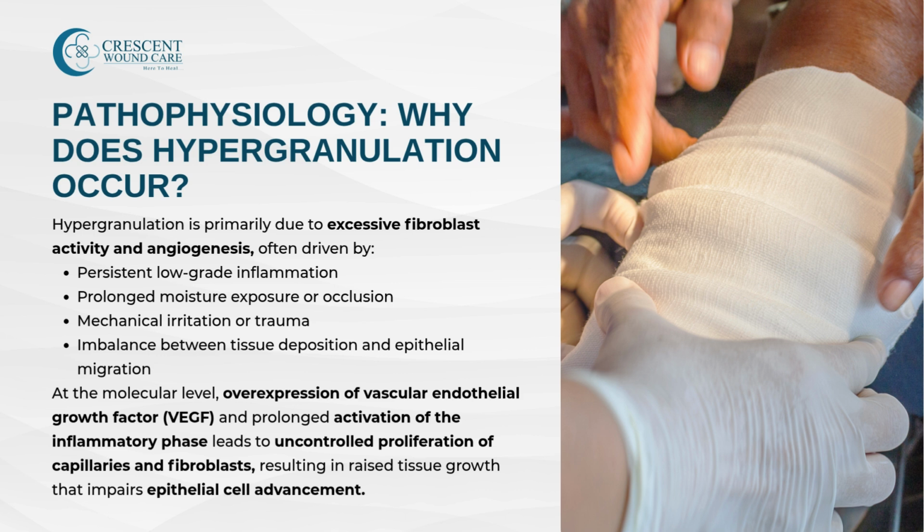Meanwhile, keratinocyte migration stalls, delaying reepithelialization. This cellular chaos results in a raised, inflamed, fragile mass of tissue that serves no healing purpose. In fact, it actively gets in the way. The goal of management? To rebalance the wound environment, calm the inflammation, and restore the conditions that support healthy epithelial closure.